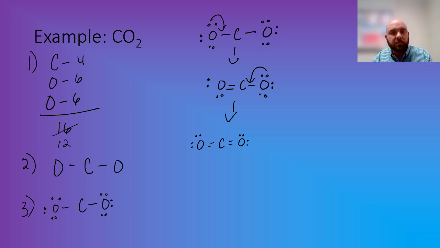But it's also conceivable that instead of doing that, we take this pair of electrons here and make a triple bond there instead and arrive at this structure.